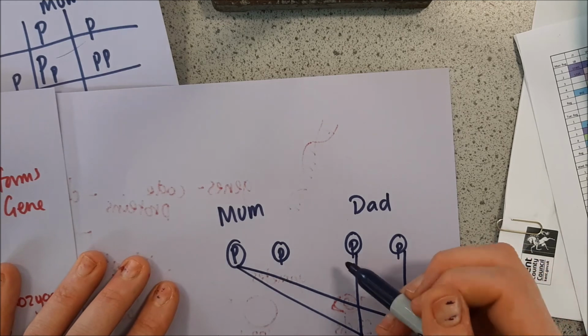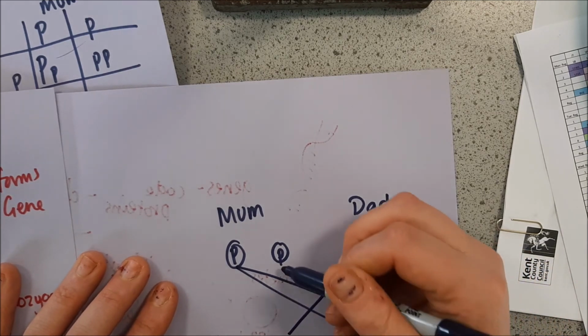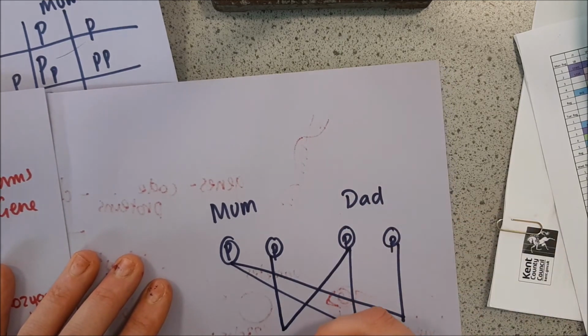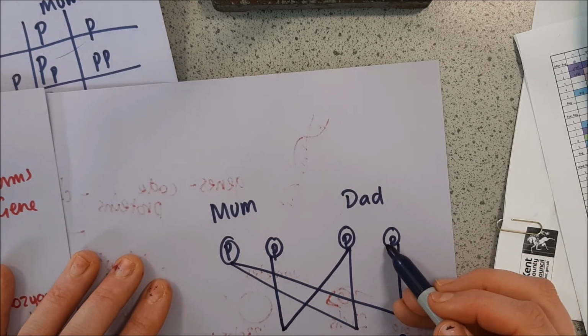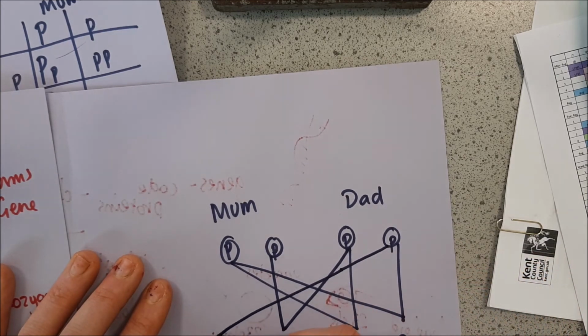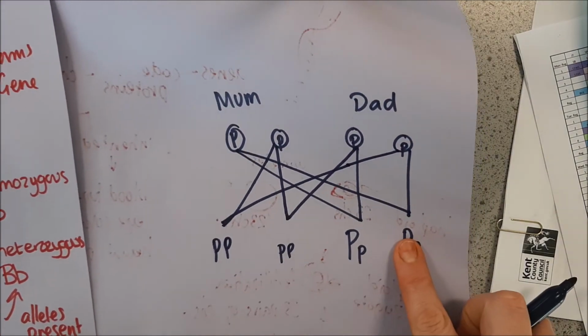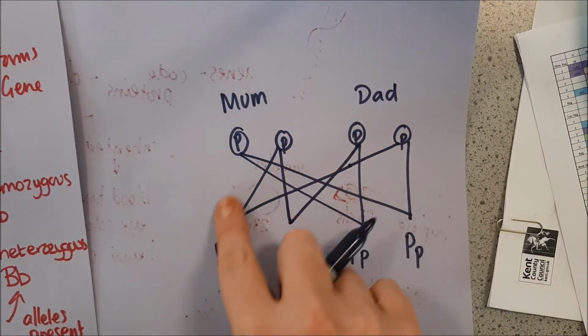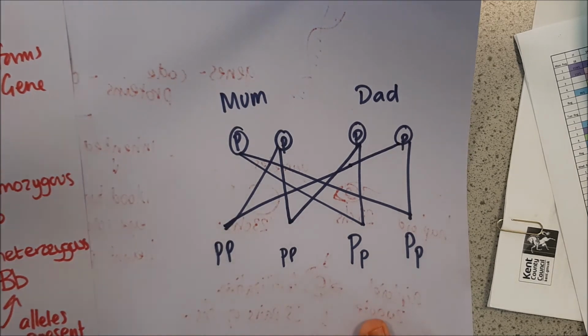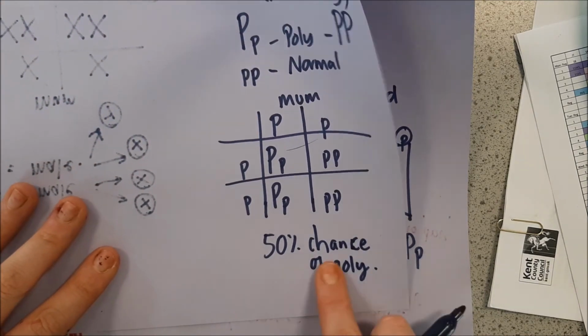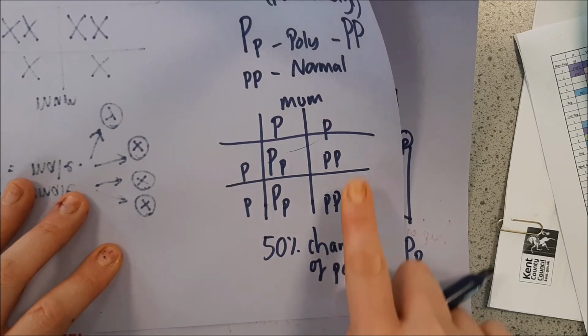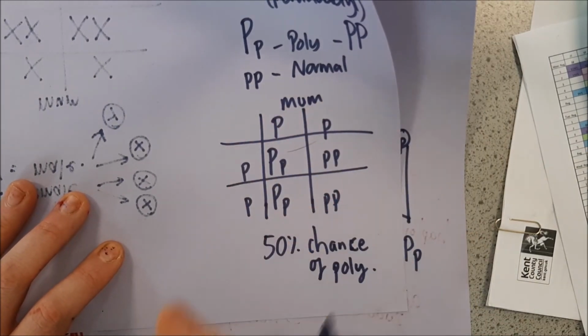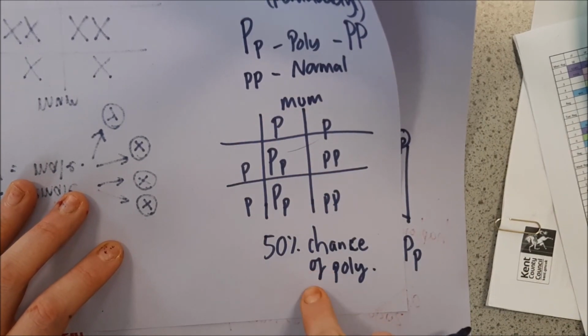If that egg interacts with that sperm, you'd have little p. And then if that sperm interacts with that egg, you would have little p. And so you can then see them lined up. I'm not sure what's better. Some people prefer these, but I still prefer, if I'm honest, these ones. But you must do this. So you normally get a mark for putting the alleles in the right place, and you normally get a mark for doing this as well.